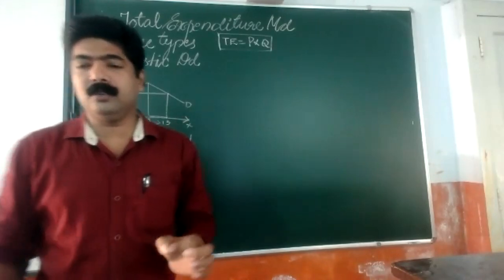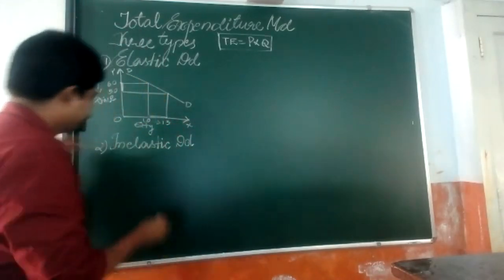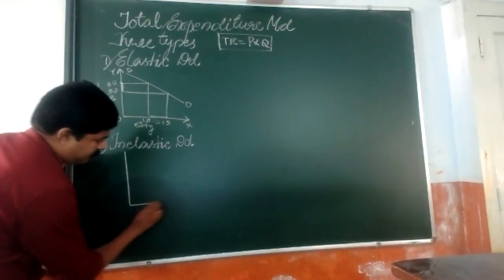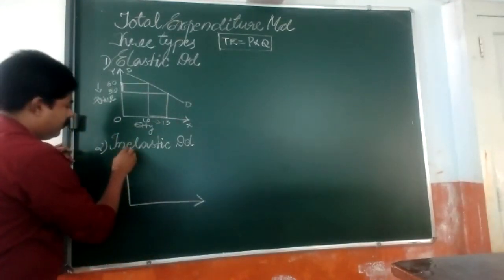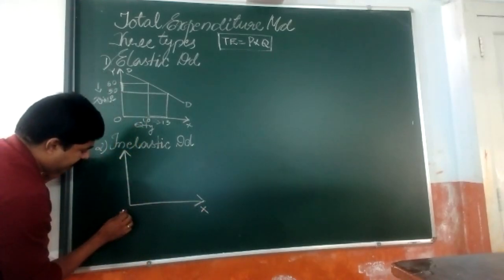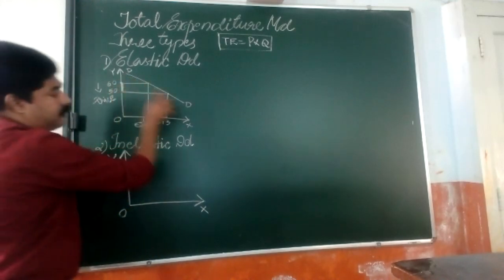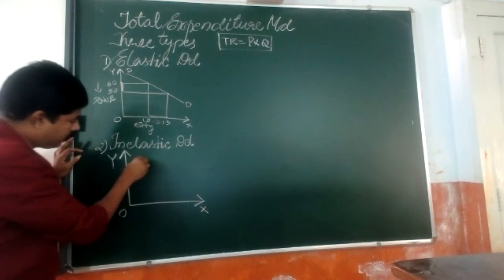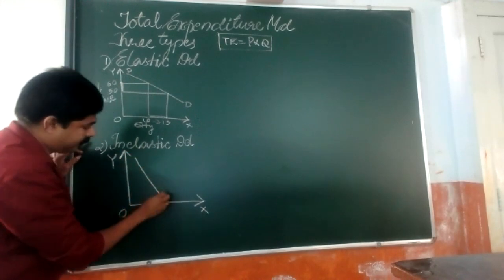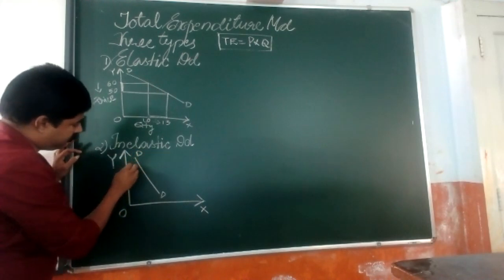In order to show inelastic demand, we can draw a demand curve which is more vertical towards the y-axis, not that much flatter in shape. This one is wider, but this is more vertical.